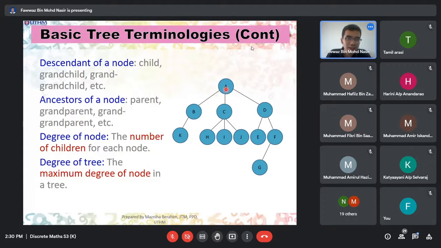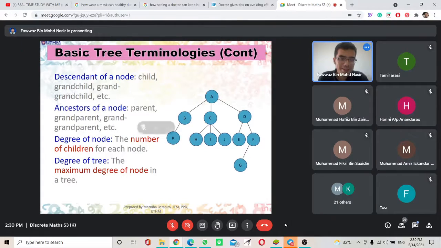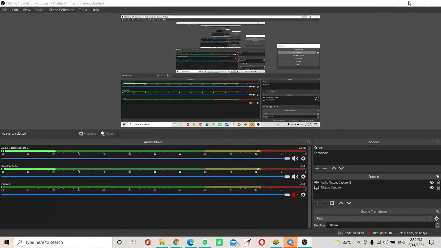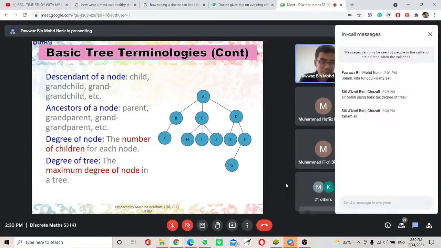Jadi kita count the degree of node A, dia ada 3, B ada 1, C ada 3. So sum up all the degree of the nodes dalam this tree, and you get the degree of the tree. Boleh ya? Boleh, sir.